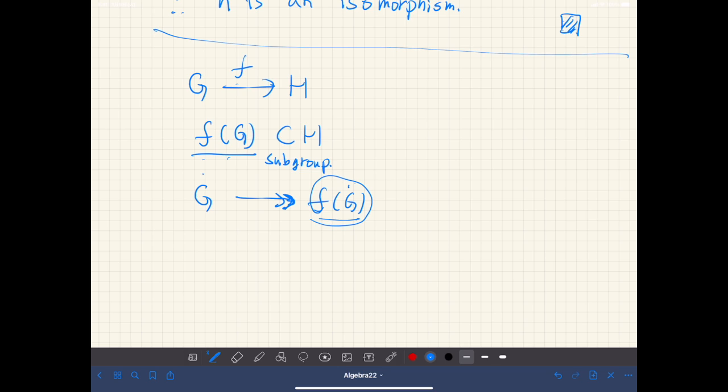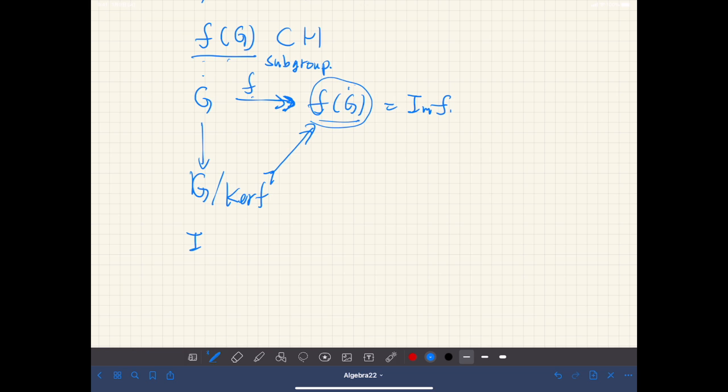Based on this limited f, let's call this the image of f. Then we can define the kernel of f, G over kernel of f, and from here to here there is an isomorphism. So that means the image of f is isomorphic to the quotient group of G by the kernel of f.